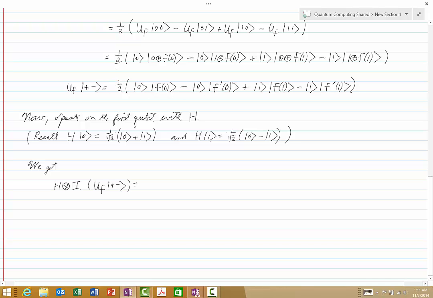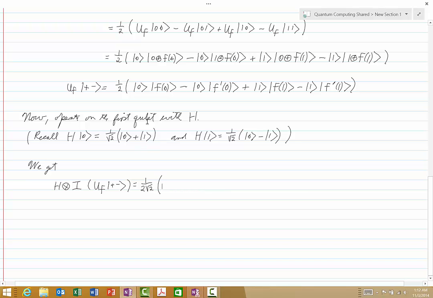Okay, let's see what we will get. Well, in each case, we're going to get a 1 over square root of 2 out in front. So, and we already have a 1/2 here, so we get 1 over 2 times the square root of 2. And now let's see all the terms that we will have.